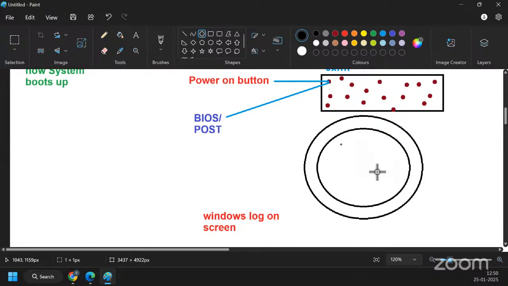And these circles, which I'm creating right now, are known as your tracks. And then we will be having our partitions like this.